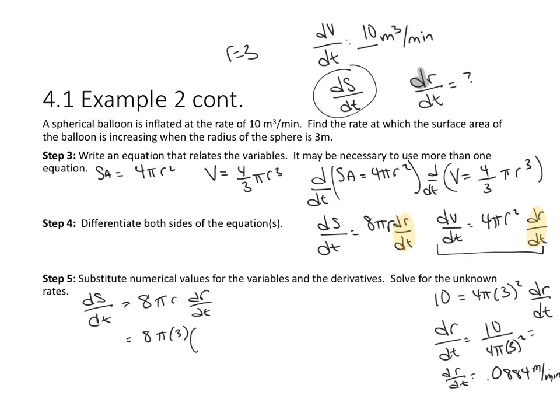At the instant that the radius is 3, the radius is changing with respect to time 0.0884 meters per minute. I'm going to plug that into my calculator, and I get 6.667 meters squared per minute. So my surface area is changing at a rate of 6.667 meters squared per minute when the radius is 3.